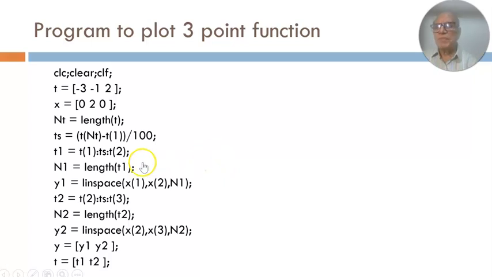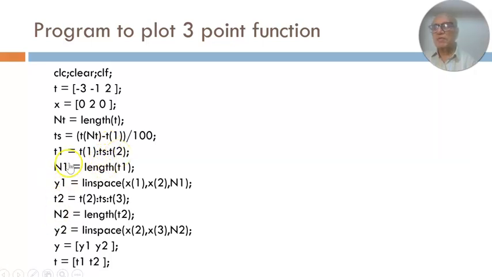I'm trying to tell you that when you are writing that function, some of the early statements would be similar to this. Okay, but when you are generating your t1 vector and y1 vector, what you can do is you can put a for loop. So, for example, this one can be changed with i equal to 1 to nt minus 1, and then this will be i plus 1.